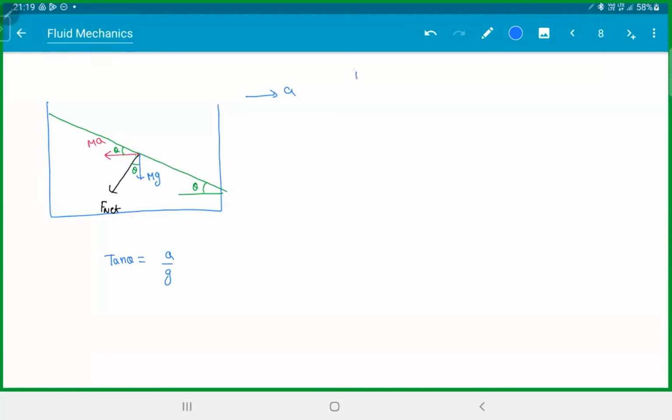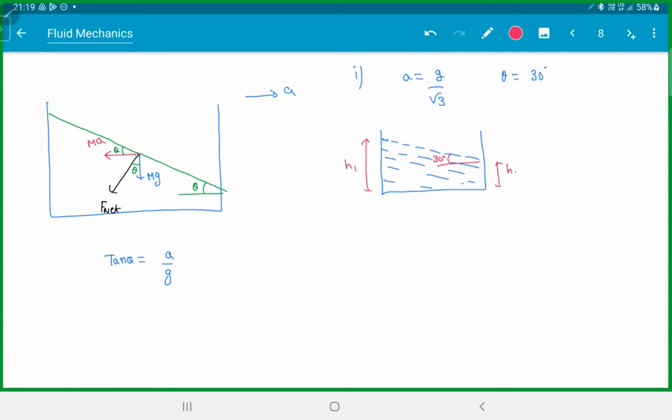Now in our question, what did you give? a is equal to g by root 3. So what is the angle? 30 degrees. So how will the container look? It looks like this, no? Where this angle is 30 degrees. So this height will be h1 and this side will be h2.